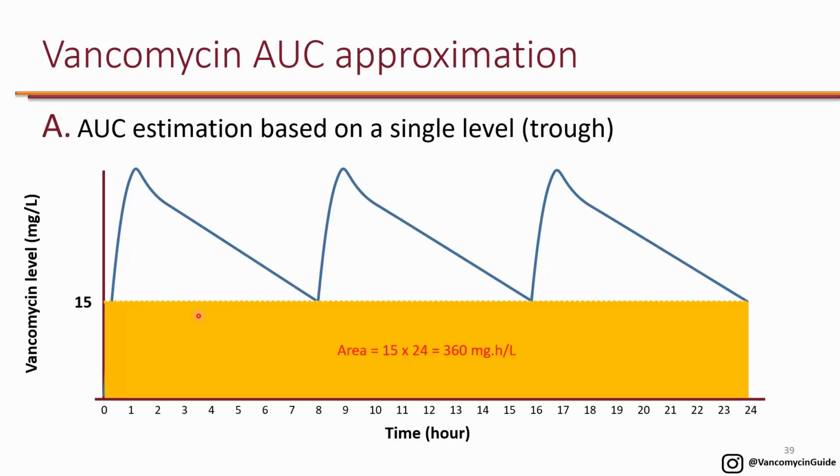Now the thing is, if you do between 15 and 20, 15 would give you 360 and 20 would give you 480. So for serious infections, they said if you target a trough of 15 to 20, you're basically guaranteed to have an AUC of 400, and that's where those recommendations come from, which in the case of 15 to 20 could actually be overdosing.